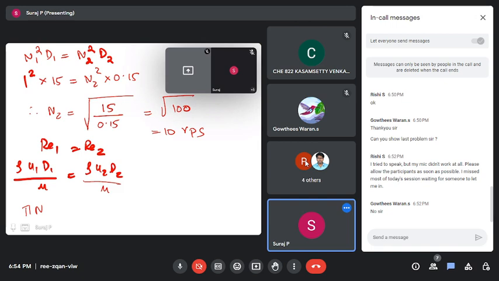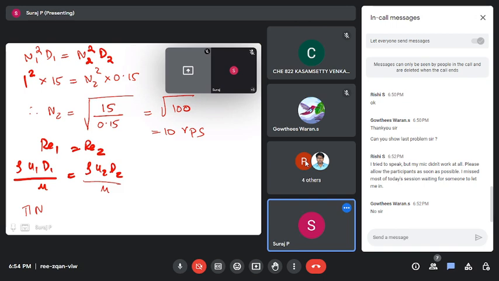What is the value of this? So it is coming 1500. 1500 RPS.